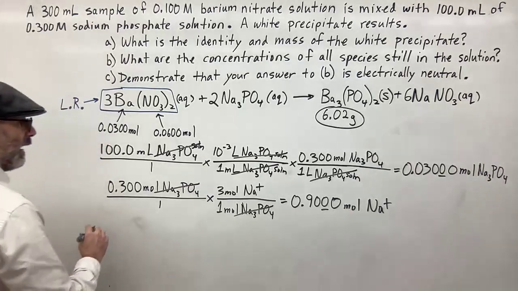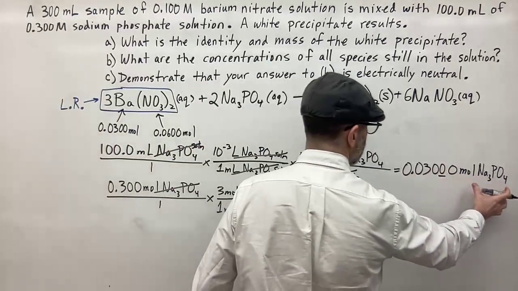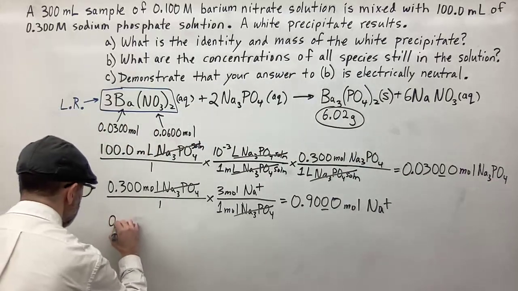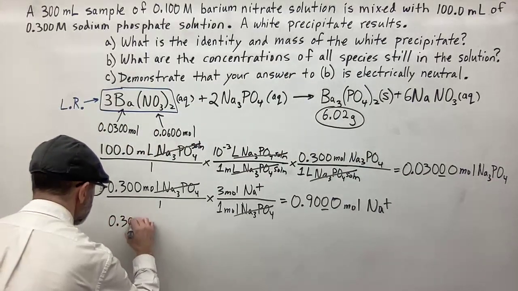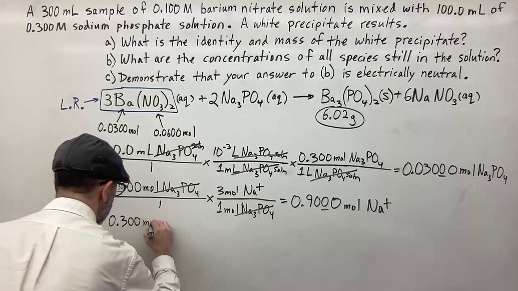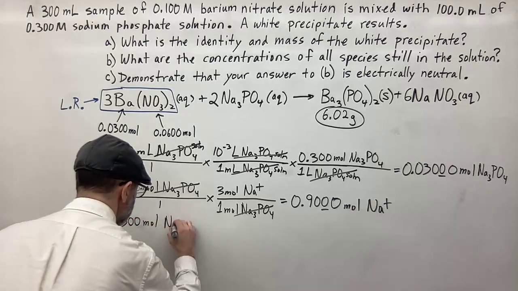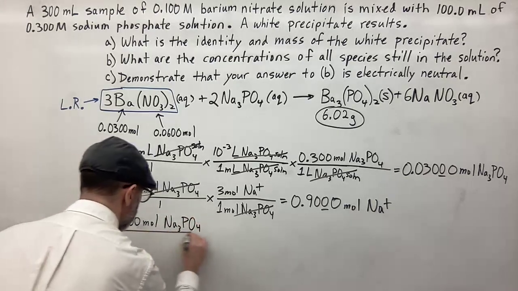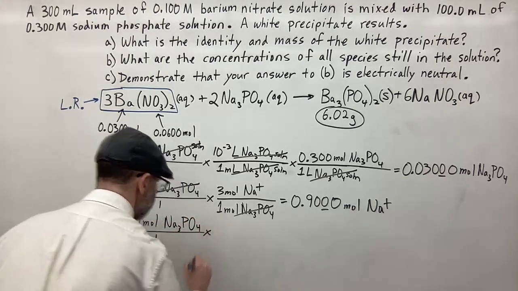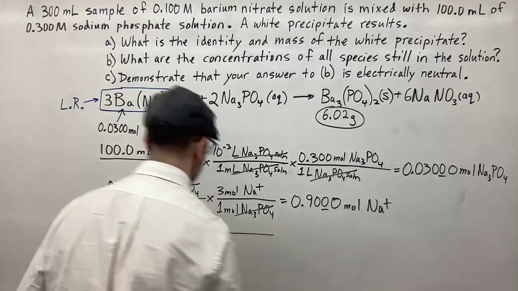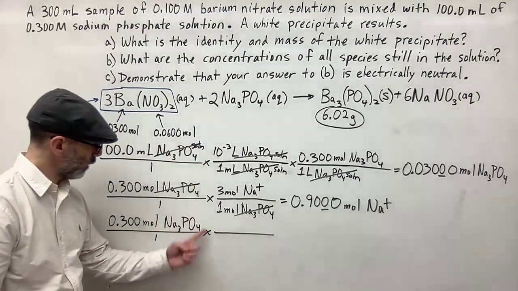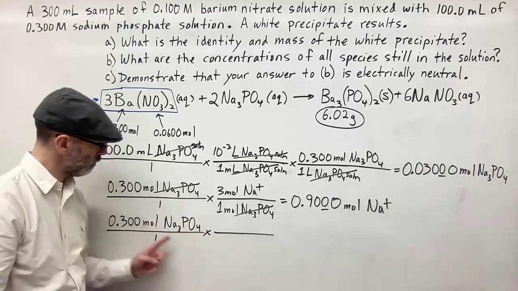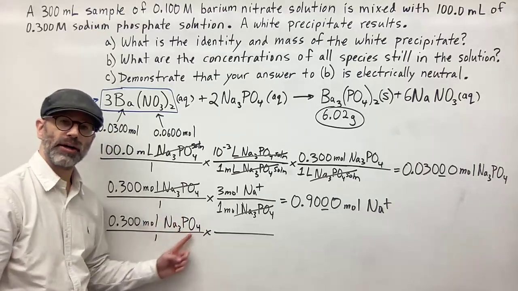Okay. And then we do the same thing with the phosphate. So we're going to start with 0.300 moles of the sodium phosphate over 1. And we see here the mole ratio is 1-to-1 for the phosphate. So for every one of these, you get 1 phosphate.